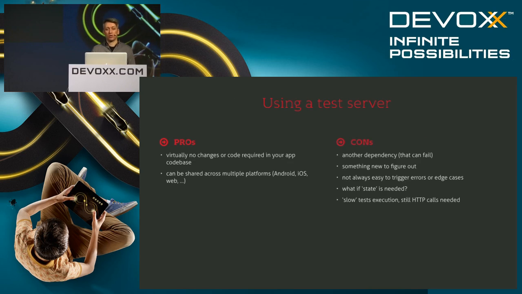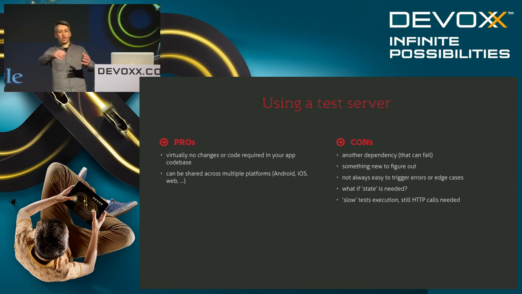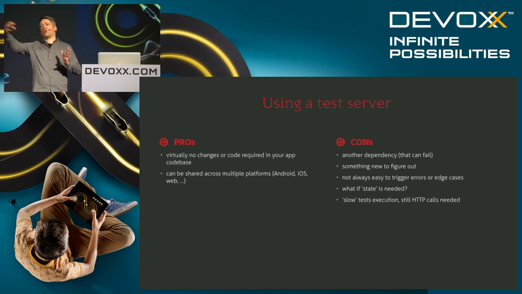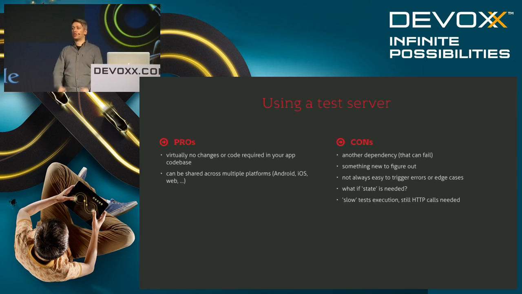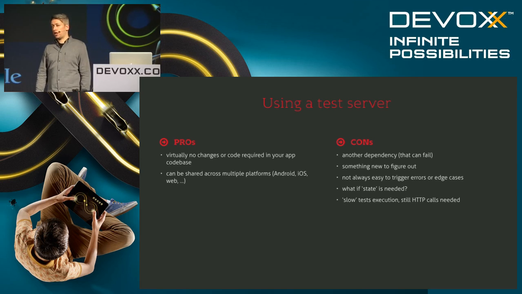Using a test server, what are the pros? Well, if you just have your application and instead of talking with a real backend, you have a test server that you can place quite closely to your test app, you will not have a lot of changes in your app. It's going to amount to just changing the URL, and that's going to be it. So very few changes to your app.